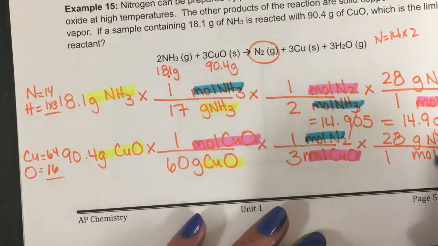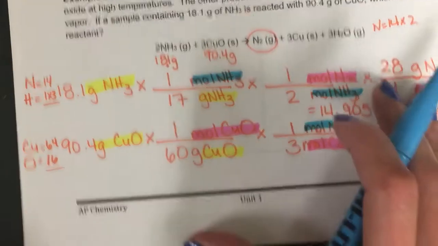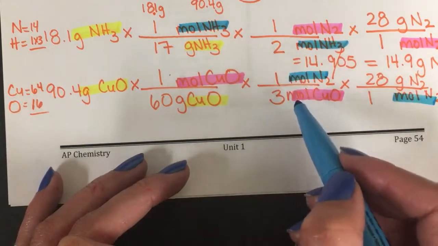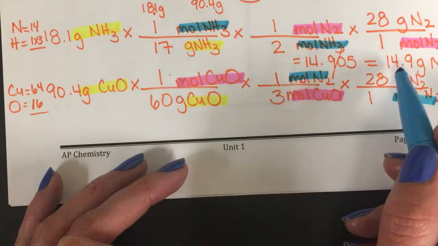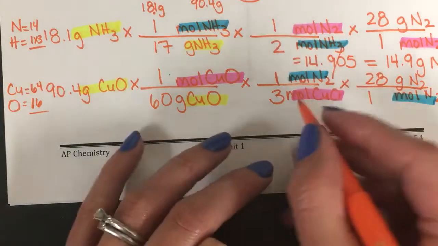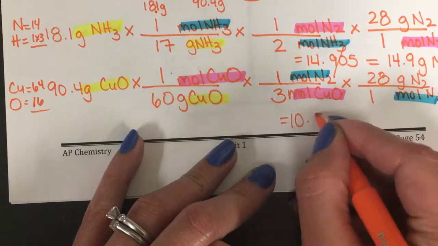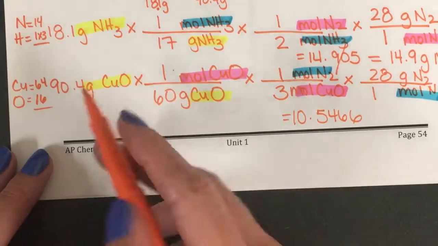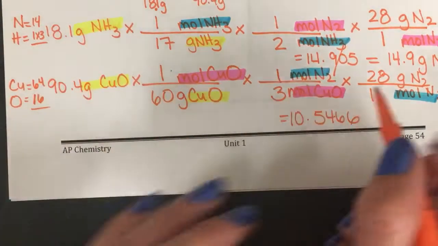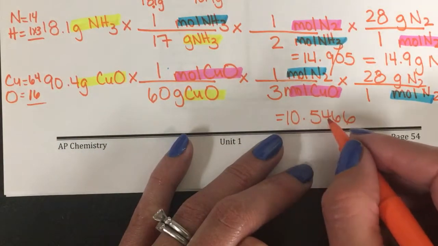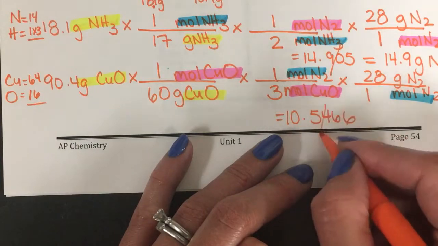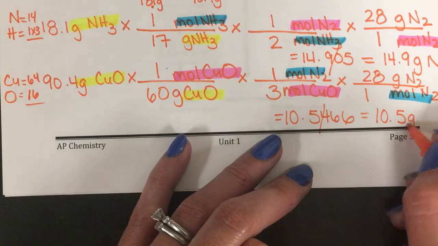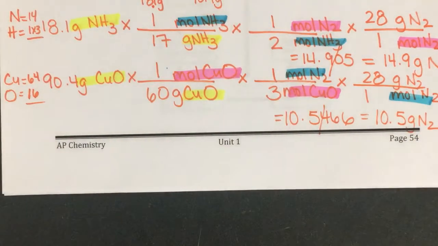So now, when I plug this into my calculator, 90.4 divided by 60 divided by 3 times 28, I should get 10.5466. I started with 3 sig figs, so I only get to keep 3 sig figs. 1, 2, 3. So that rounds to 10.5 grams of nitrogen.